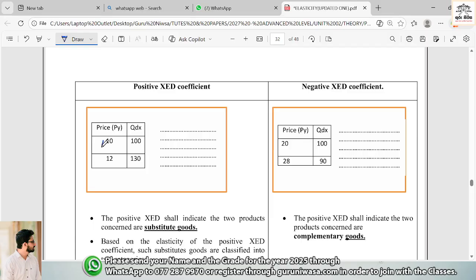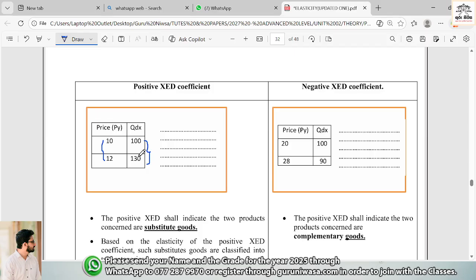Price of good Y increases from 10 to 12, and quantity demanded of good X also increases. You can see both variables change in the same direction, creating a positive XCD. Then remember, if your XCD value is positive, a plus value, the two products are called substitute goods.